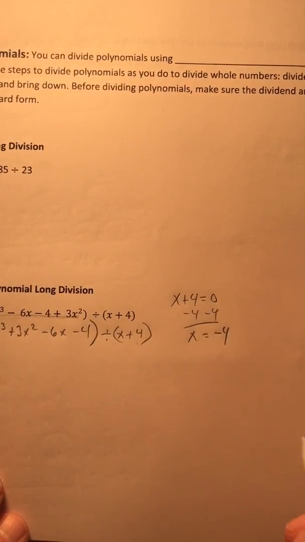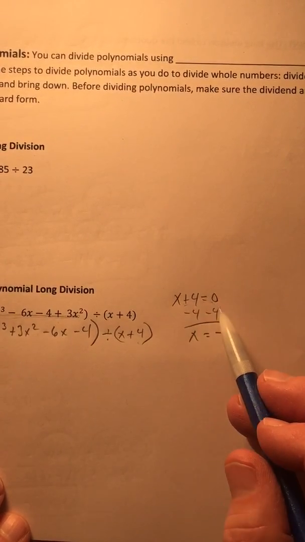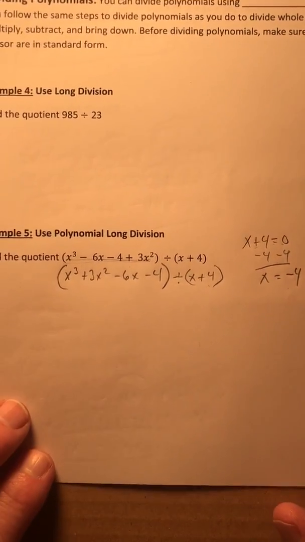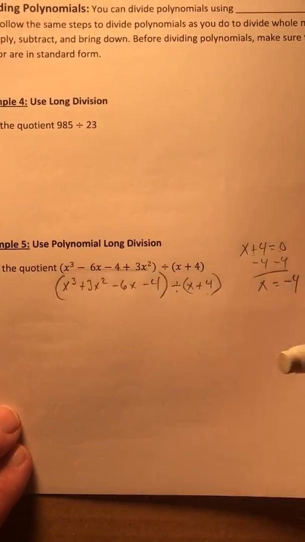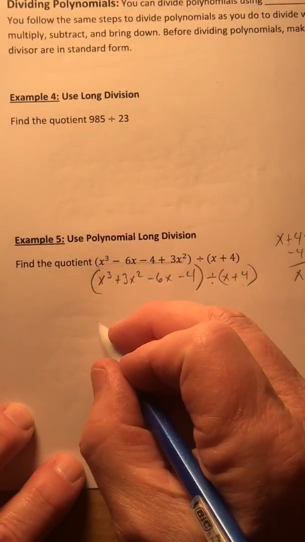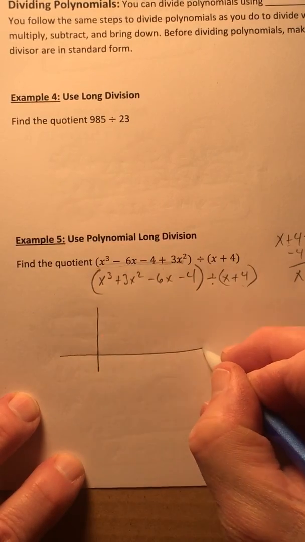So we set x plus 4, which we're dividing by, equal to 0, and then we solve it. We get x equals negative 4. Now that we know x is negative 4, we can set up our synthetic division. It looks like this.